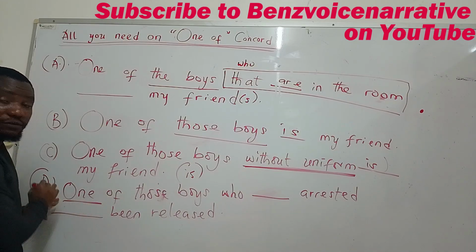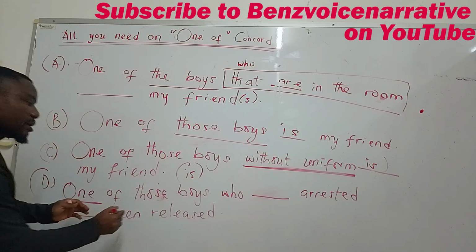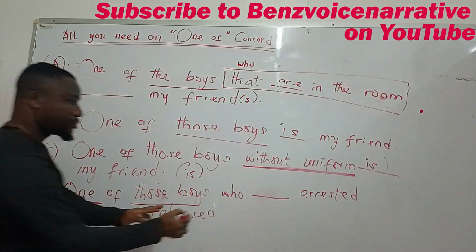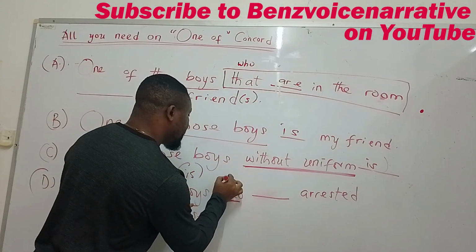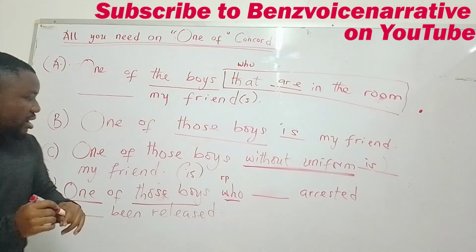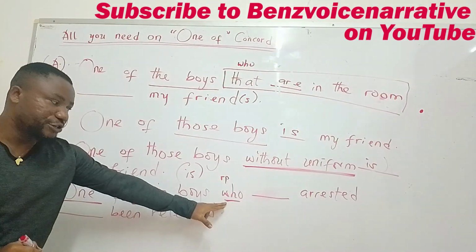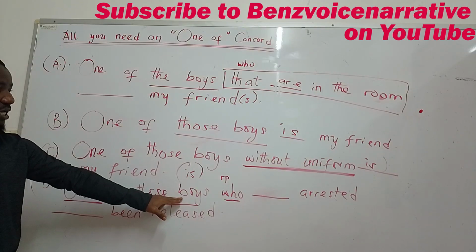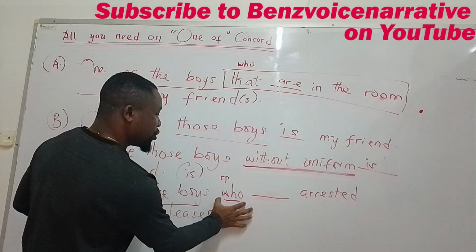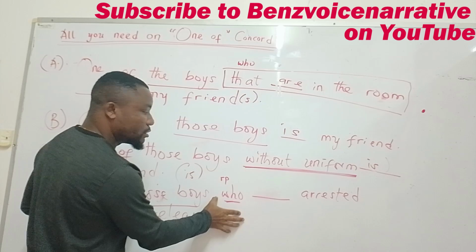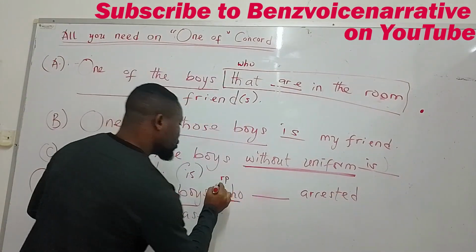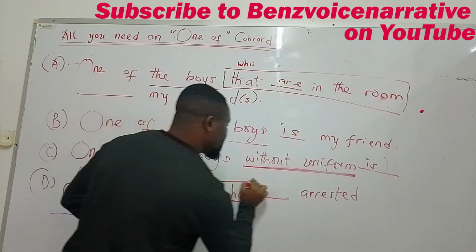Here we have the minority group, and here we have the majority group. And here we have "who", a relative pronoun, RP. The relative pronoun here is describing those boys. So everything from this relative pronoun to this part, let's claim this RP.